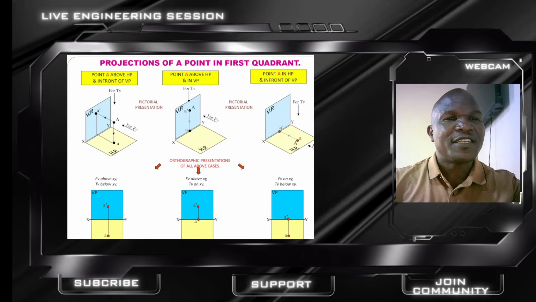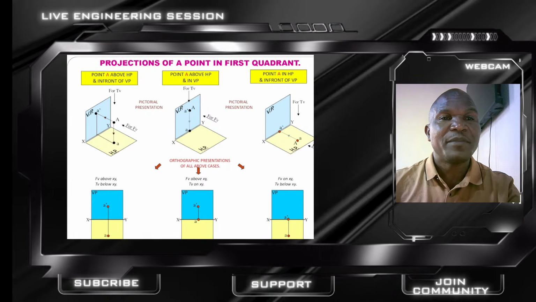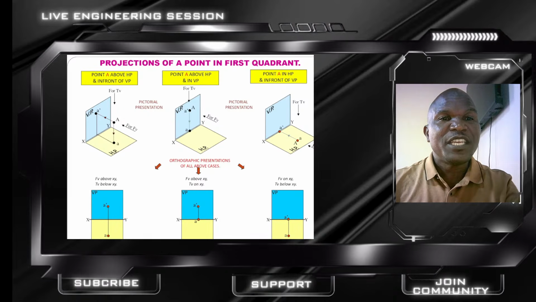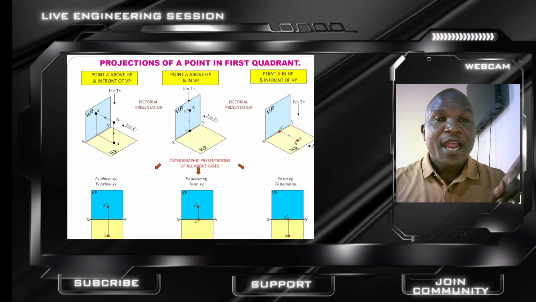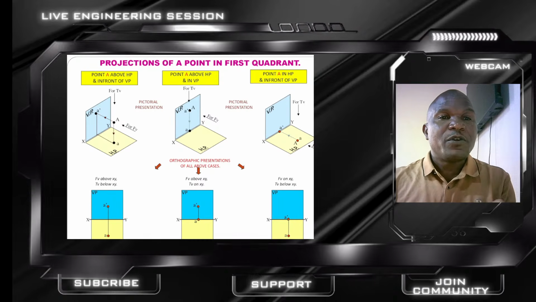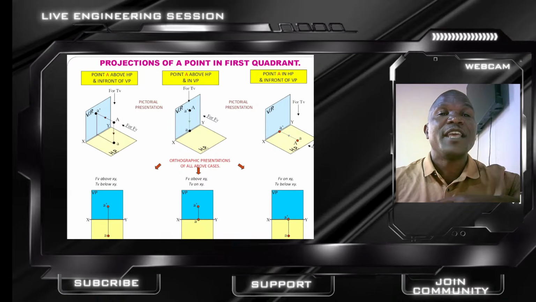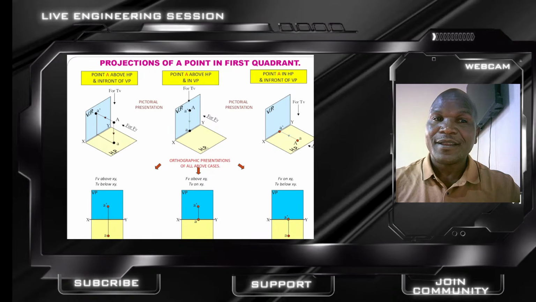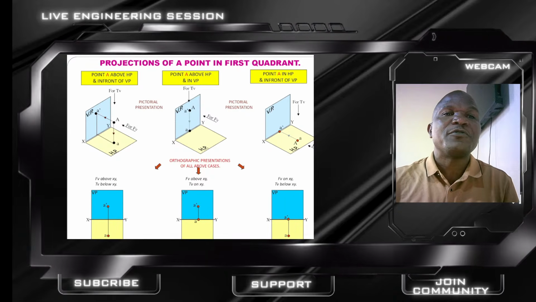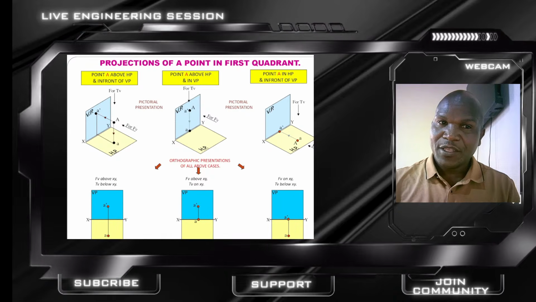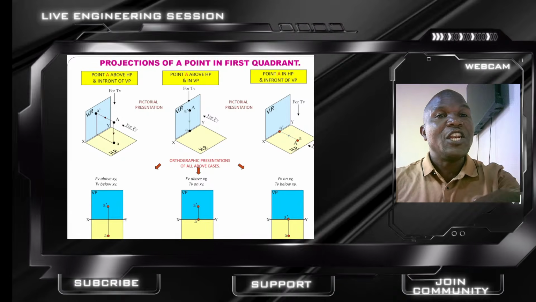Observe these three cases. One, the point above the HP, and in front of the vertical plane. I repeat again. The point is above the HP, the horizontal plane, and in front of the VP. So we say the front view is above the XY, and the top view is below the XY.